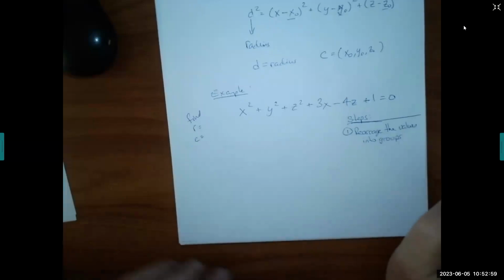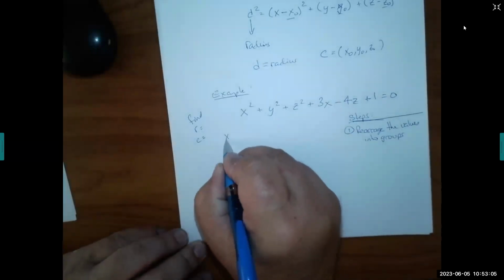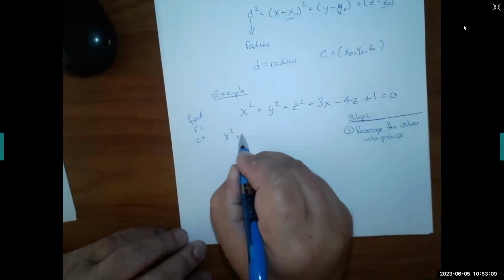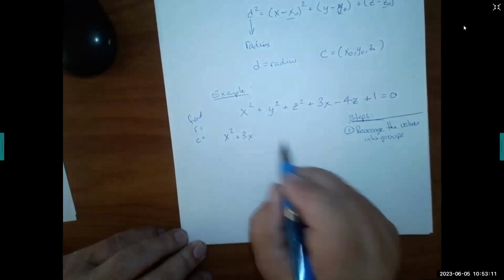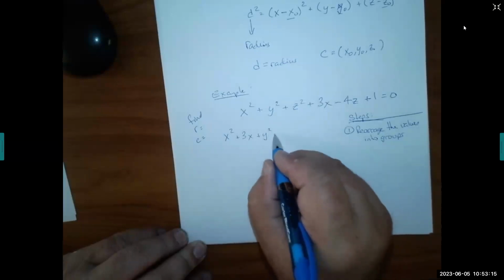First off is rearrange the values into groups. Put all the x's together, the y's together, and the z's together. So here's an x. There's an x. There's the y.